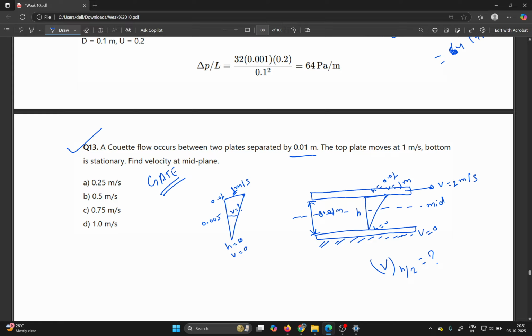So you know already the triangle law, very important. This and this will be the same, means the ratio 1 by v is equal to the ratio of this distance 0.01 divided by 0.005. This is the triangle law.